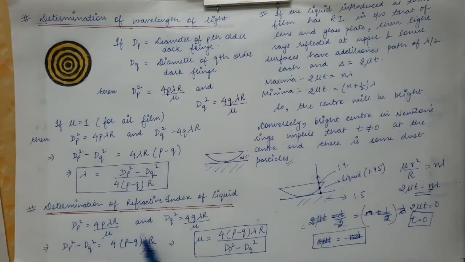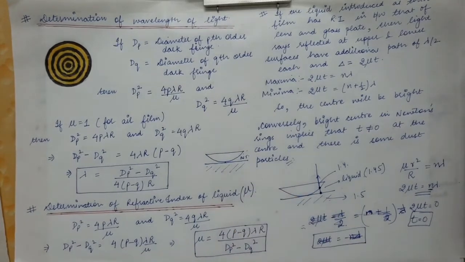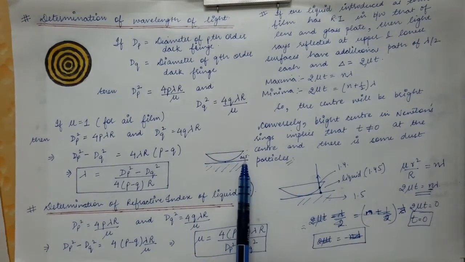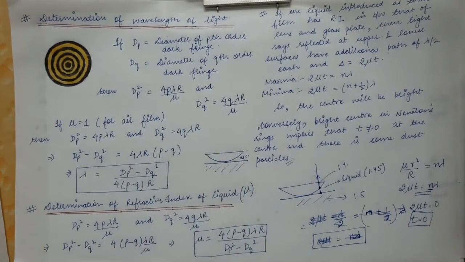In this case also the procedure will be the same. You will find the diameter of the pth order dark fringe and the qth order dark fringe. So dp square will be equal to this expression, dq square will be equal to this. Then you will subtract these two equations, and now you will not have to put mu equal to 1, because here we are using a liquid whose refractive index is mu. For the air medium, the refractive index is equal to 1, so therefore we had put mu equal to 1 earlier, but over here mu has to be found out.